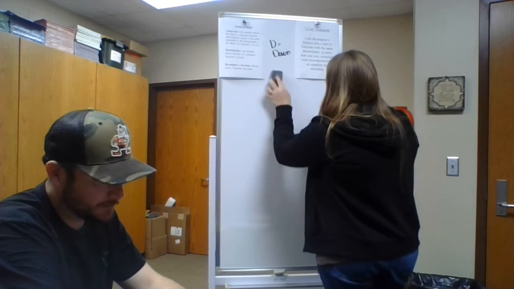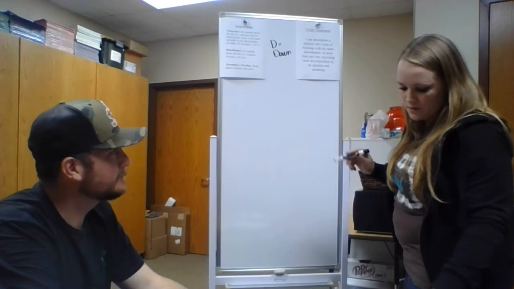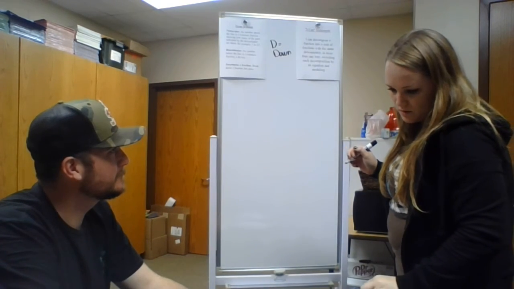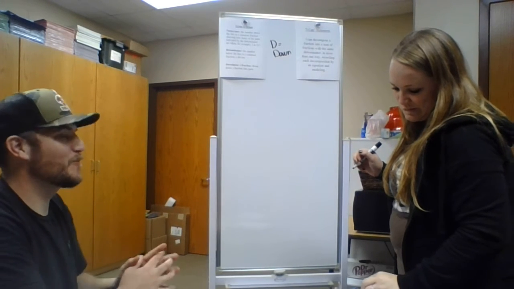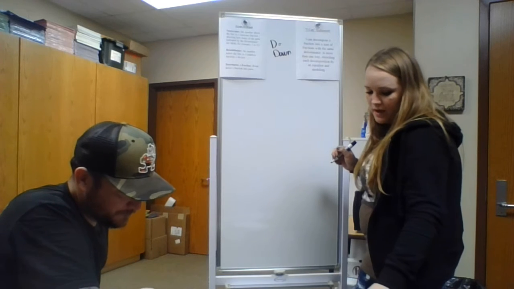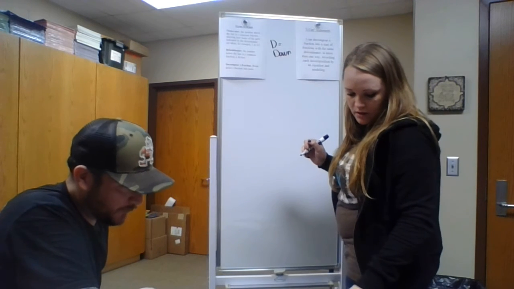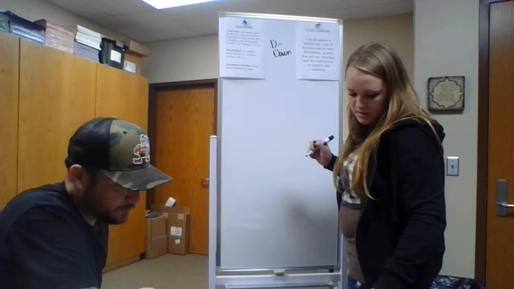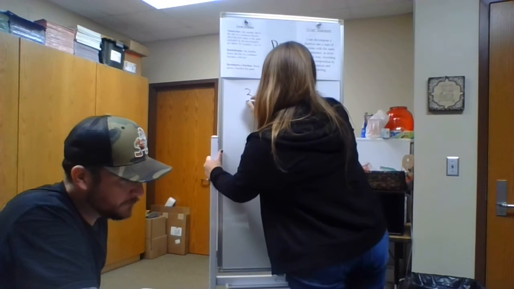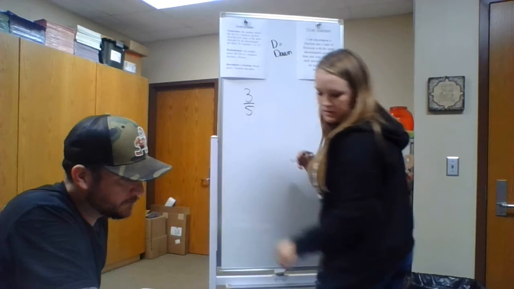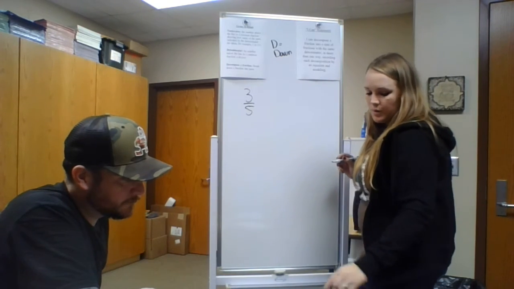And then let's go ahead and do this one, because you're going to have to show which those fractions are. Okay. So let's go ahead and do 3/5. That's going to be number C on your worksheet.